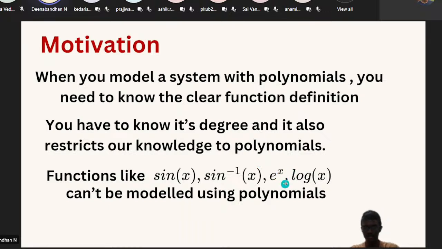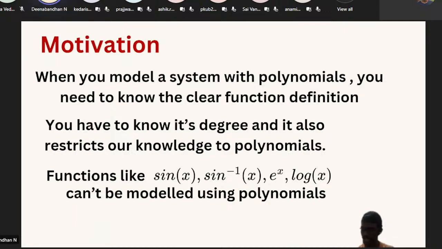Someone can say, okay, in Taylor series, we can represent e power x as a polynomial if the degree is indefinite. You will have a constraint on how much you have to do. I can do it till 100, I can do it till 200, it differs. But we can't even define how e power x is obtained, right? So for that, we can't use polynomials. So that was a key problem.